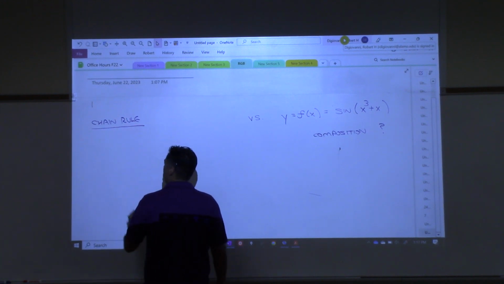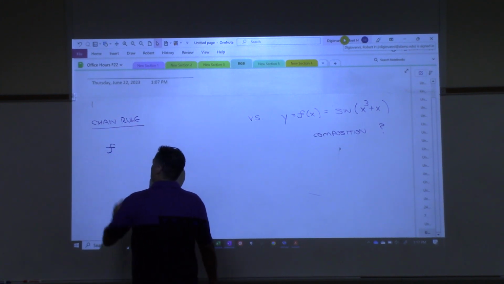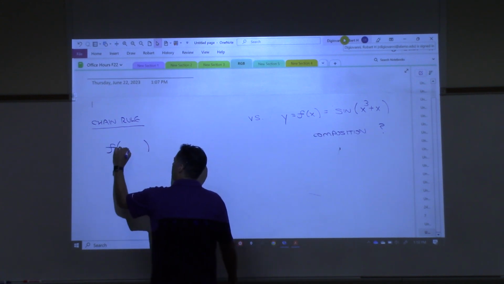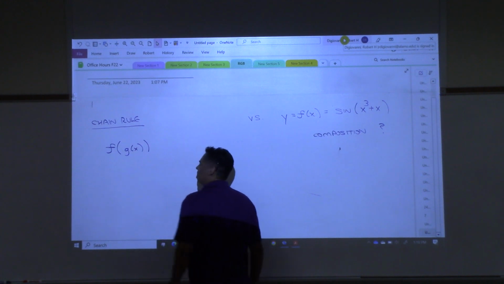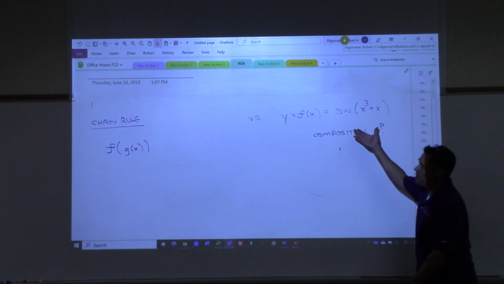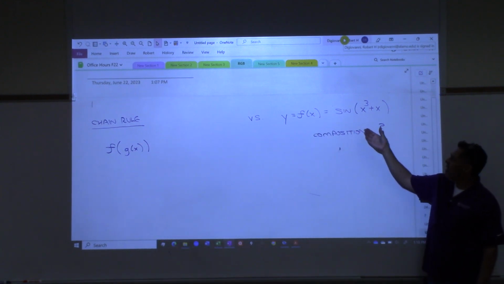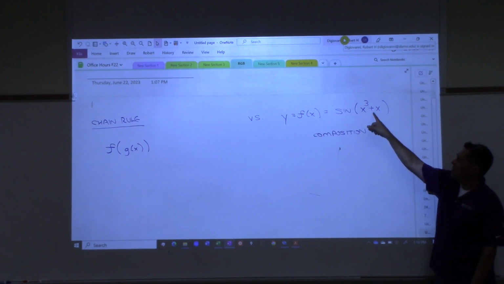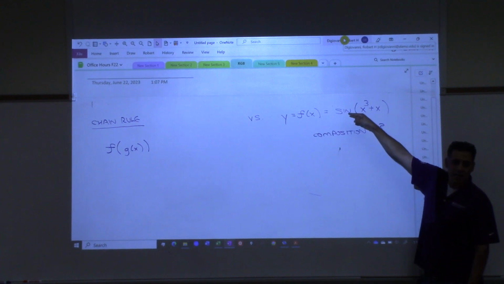Here's what it says. If you have a function, f, and inside of that you have some other function, g. That's kind of what we have right here, right? We have a function inside of another function. In this particular case, what would be the g function? X cubed plus x, right? X cubed plus x is being plugged into the f function, which would be the sine, right?